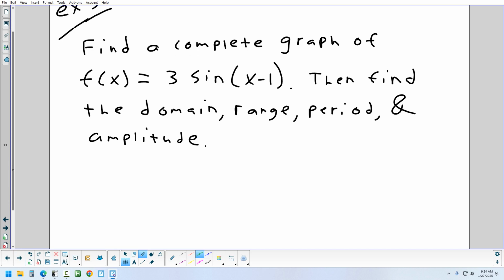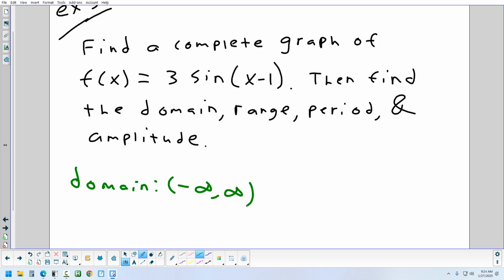Find a complete graph, and then domain, range, period, amplitude. All the same stuff. Start with domain. What's the domain of 3 sine x minus 1? Ryan. All real numbers. All real numbers, yeah.